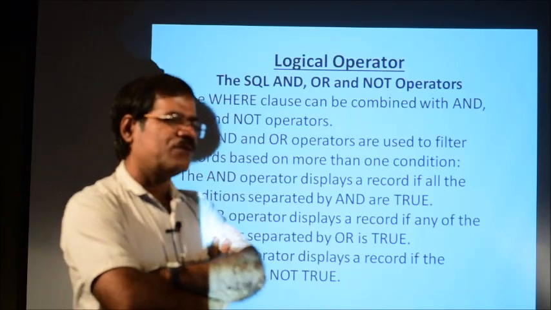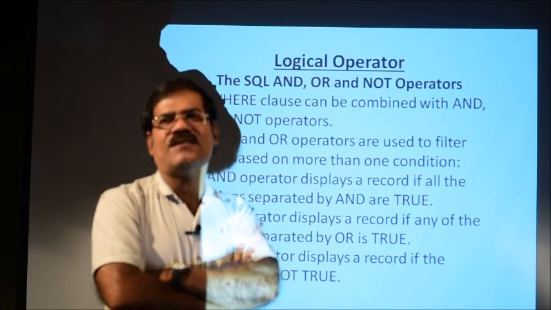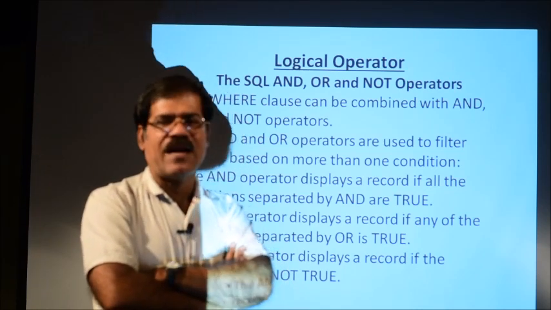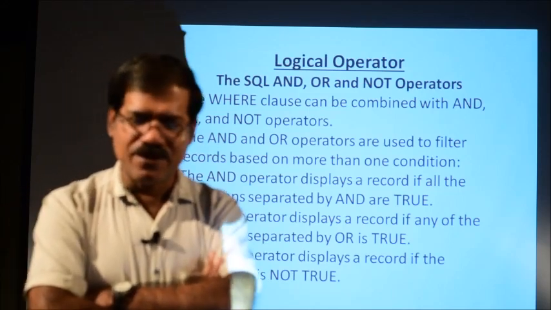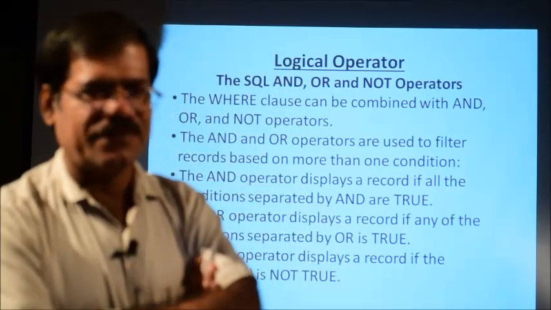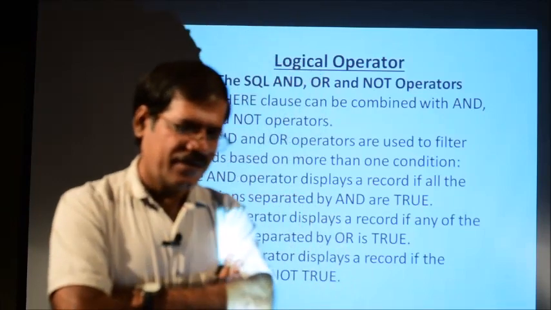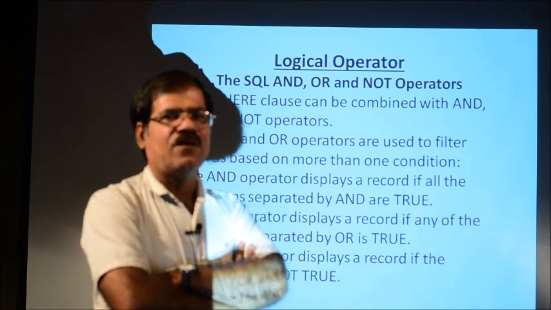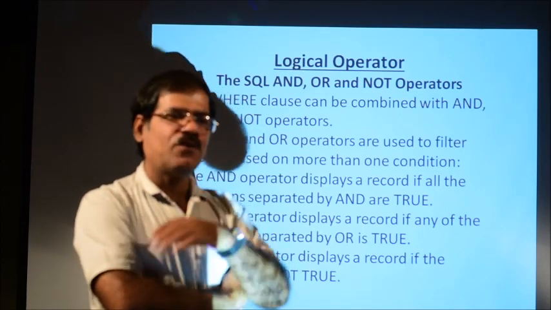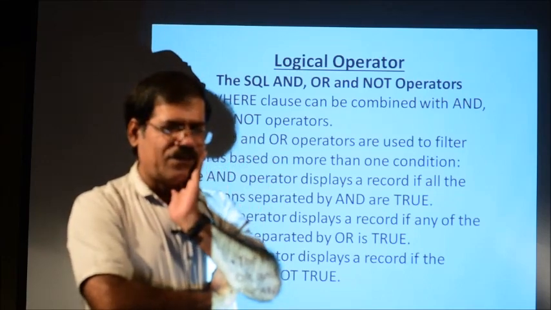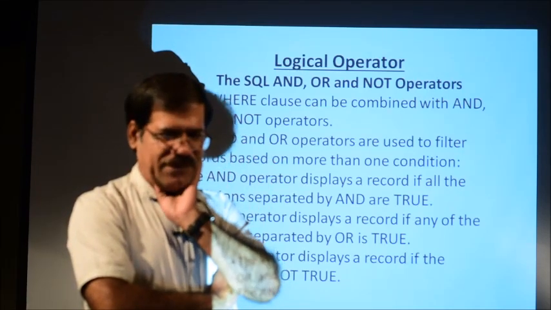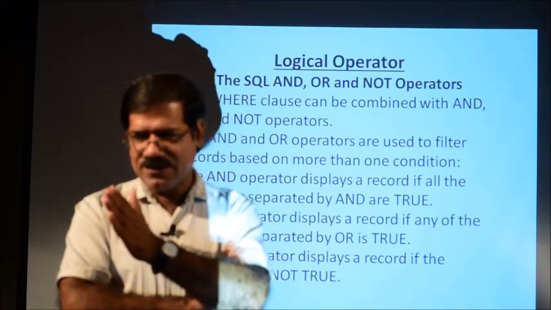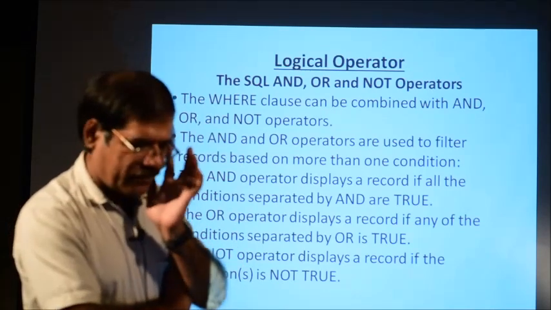If both P is true and Q is true, then P AND Q will be true. If any one is false, the result is false.